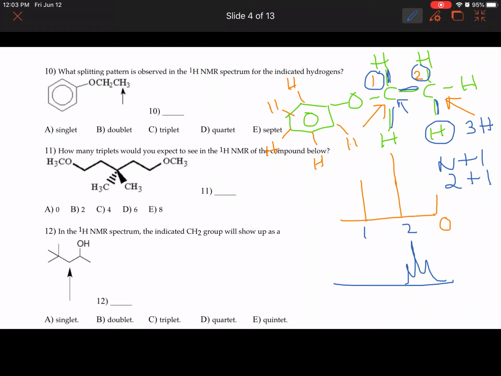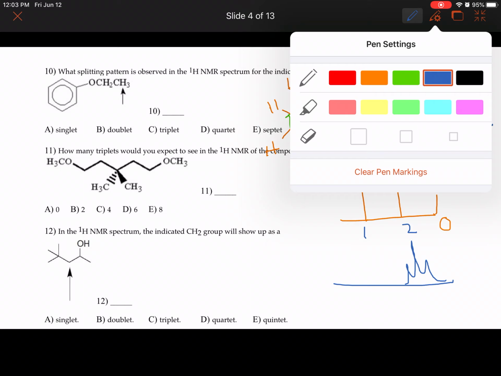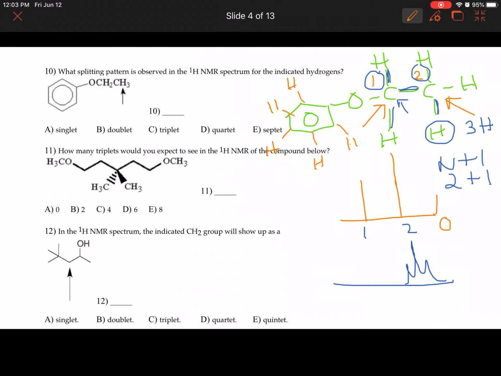And similarly, carbon 1 is going to split due to the 3 hydrogens on carbon 2. So on carbon 2, there are 3 hydrogens. So the carbon 1 hydrogens will split due to the n plus 1 rule.